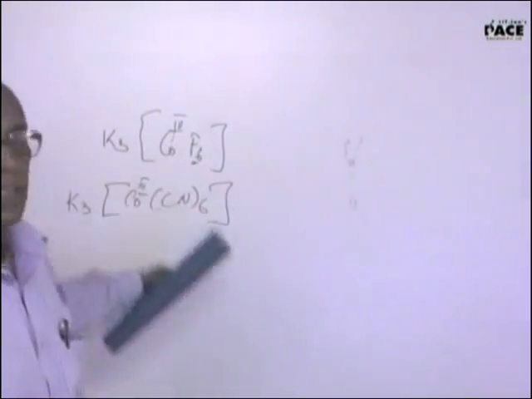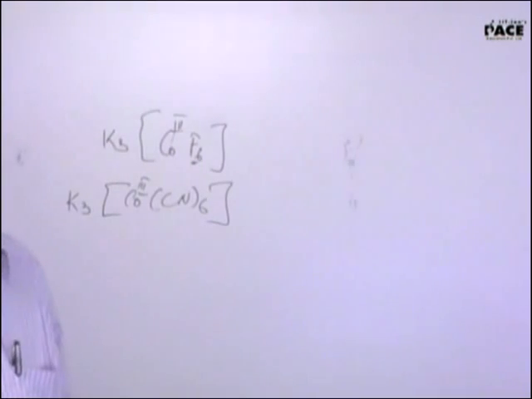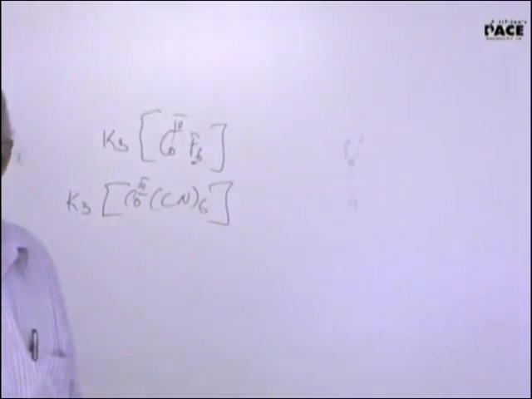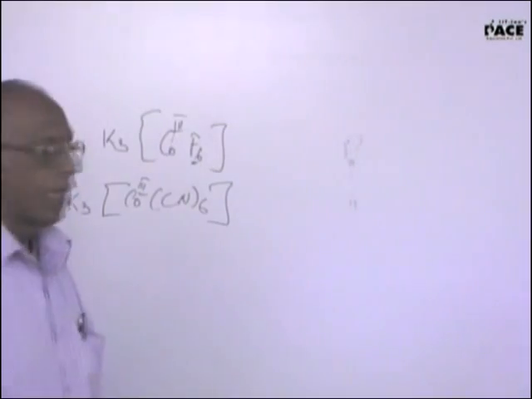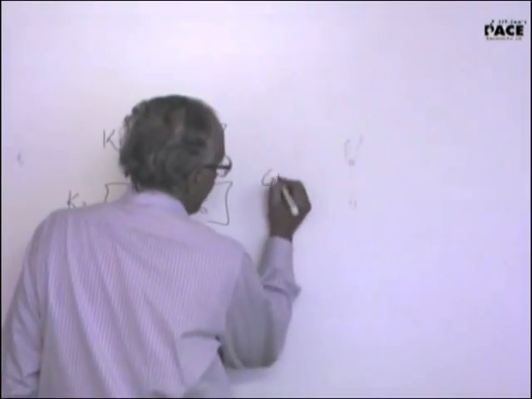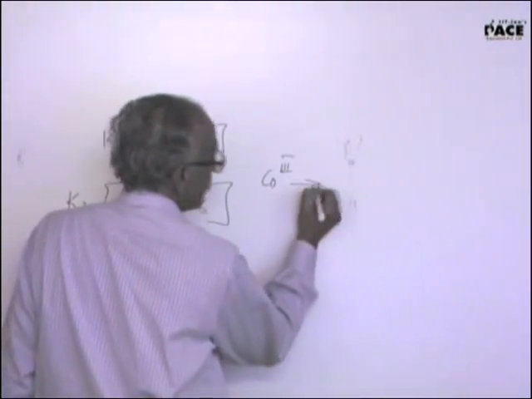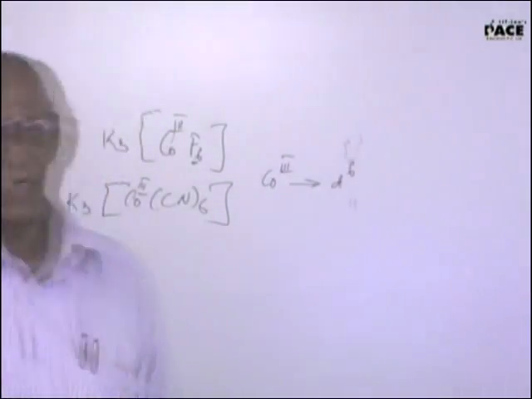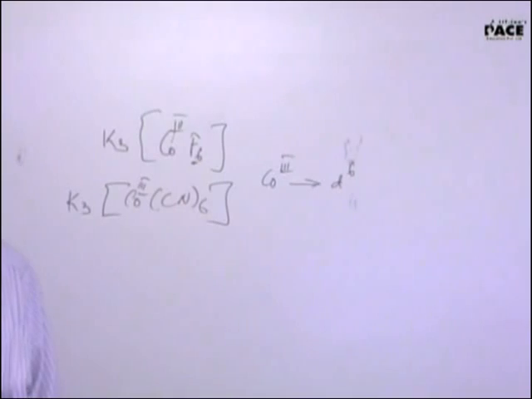Fluoride comes under the sigma donor, pi donor category. Cyanide is a pi acceptor ligand. Now, cobalt 3 has d6 configuration because cobalt is d7s2, so cobalt 3 is d6.